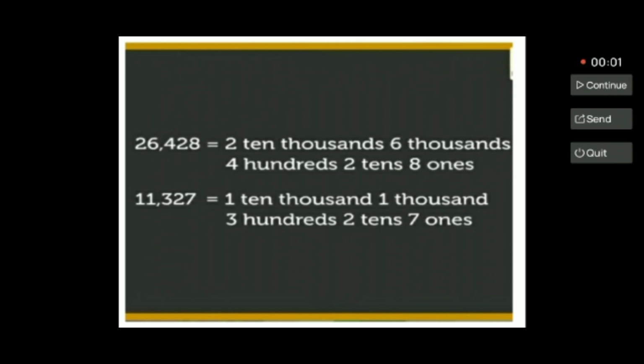Now there are 2 10,000s, 6 thousands, 4 hundreds, 2 tens and 8 ones in the first number. Now look at the second number. There are 1 10,000, 1 thousand, 3 hundreds, 2 tens and 7 ones.